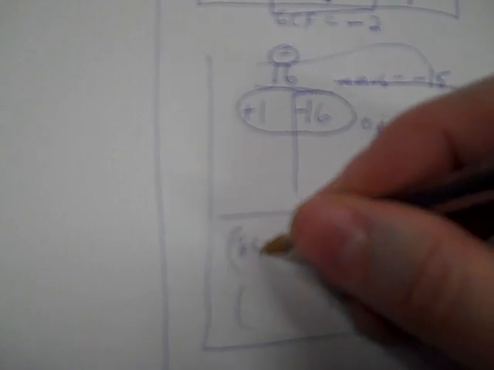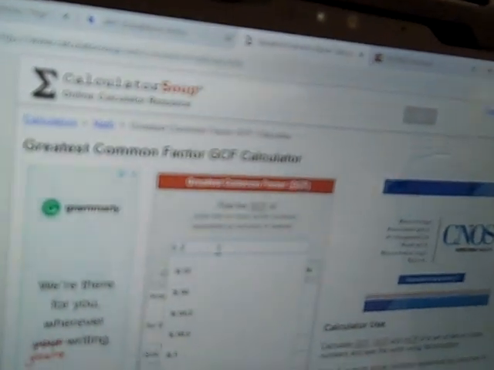So when I make my parentheses, all 4 of them, we're going to go 8x, 8x, then +1 minus 16. Okay, so 8 and 1. The GCF's just going to be 1. Whenever 1's one of the two numbers, the GCF's 1, okay? So that's going to keep us at 8x plus 1.